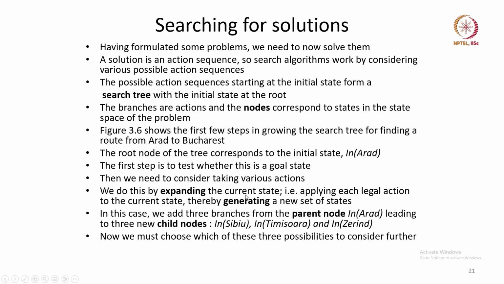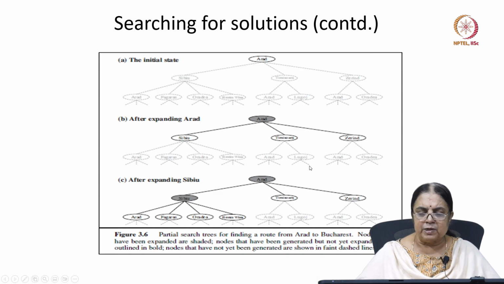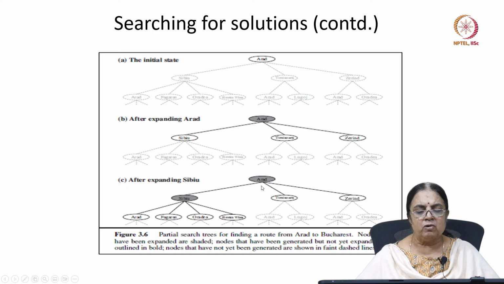You expand the current state to generate a new set of states, and the set of leaf nodes is called the frontier. In this particular case, these nodes which are in bold, not shaded, form the frontier, and one of these nodes will have to be chosen for expansion.